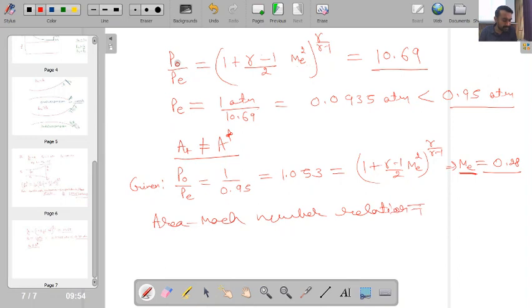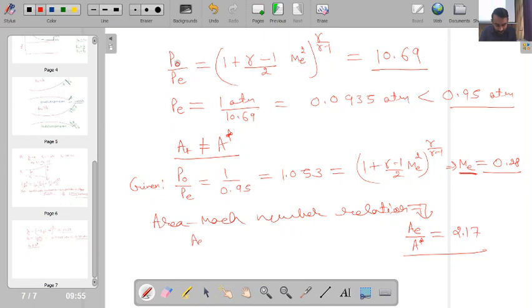From this area Mach number relation, what will I be getting? Mach number is known to me. I will get the ratio of exit area divided by A star. So AE by A star, from here if I calculate, comes out to be 2.17.